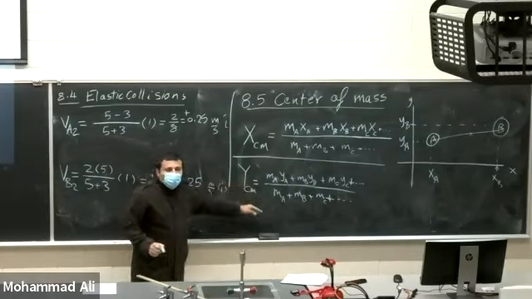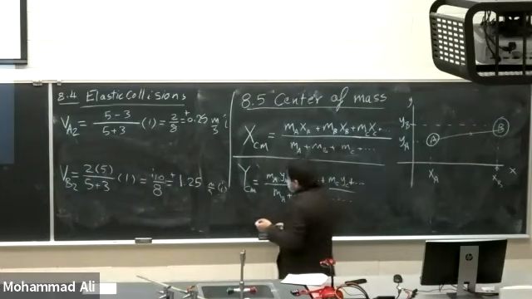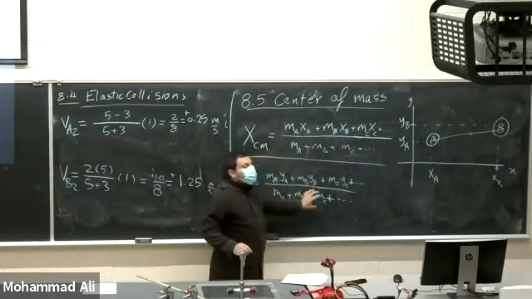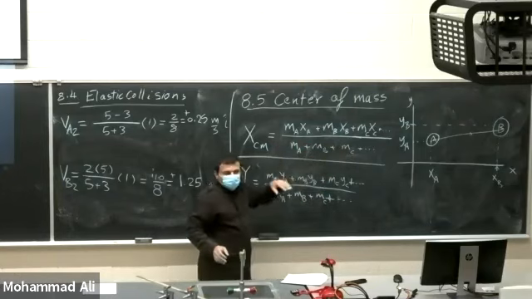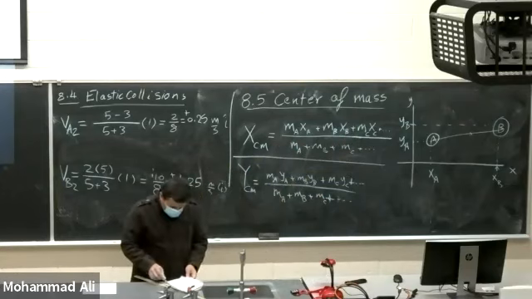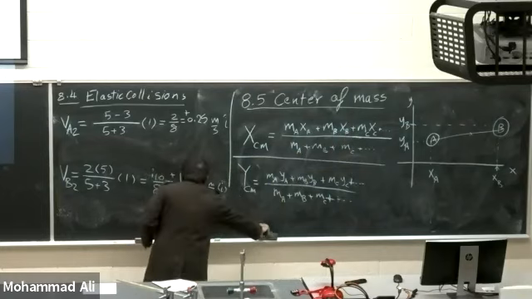And the same for the Z component, if we like to find it. The denominator here is the total mass, all of the mass of our system. Let us look at this example.